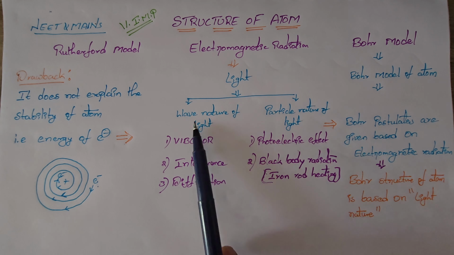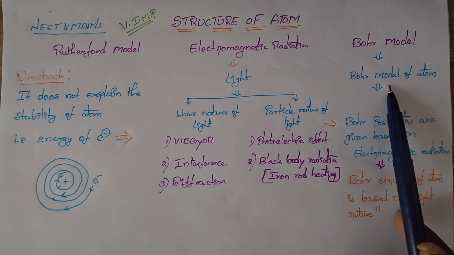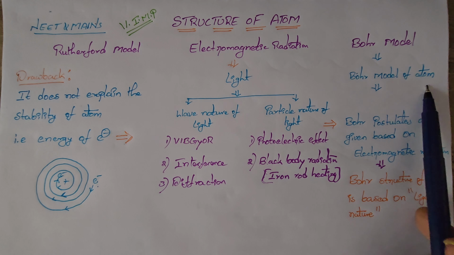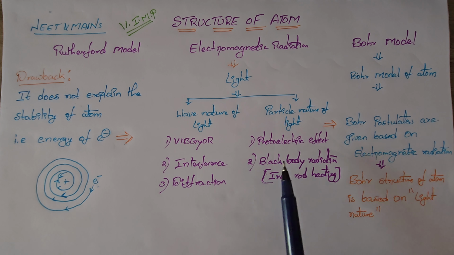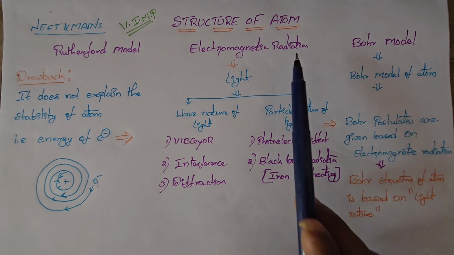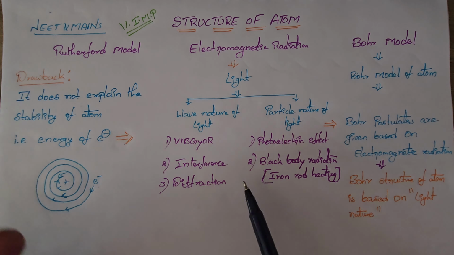By using these two concepts, Bohr gave his explanation about the stability of the atom, that is the Bohr model of atom. This drawback is overcome by Bohr using these two concepts. That is the main point why electromagnetic radiation exists in the structure of atom. Okay students? Now I will explain.